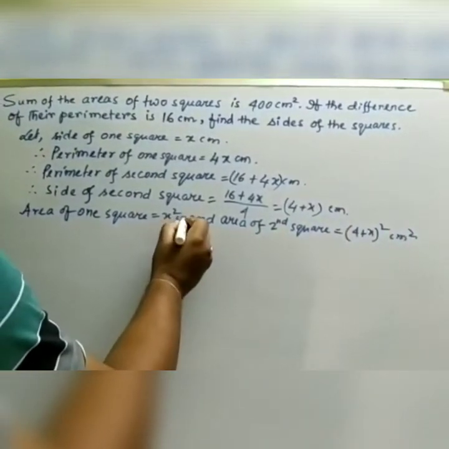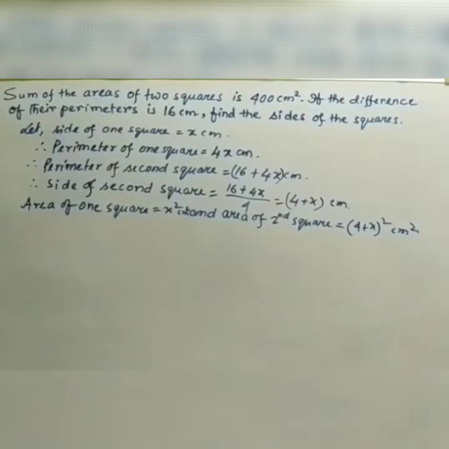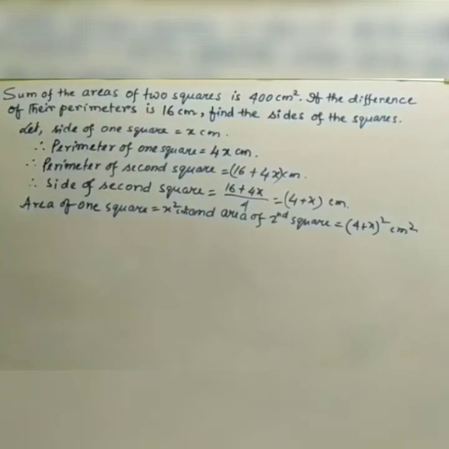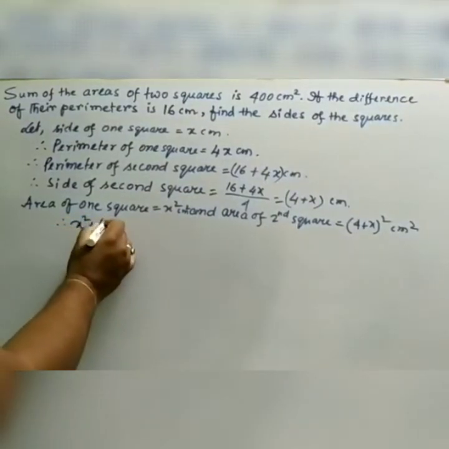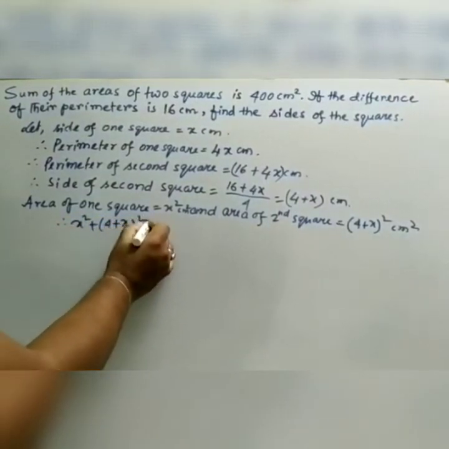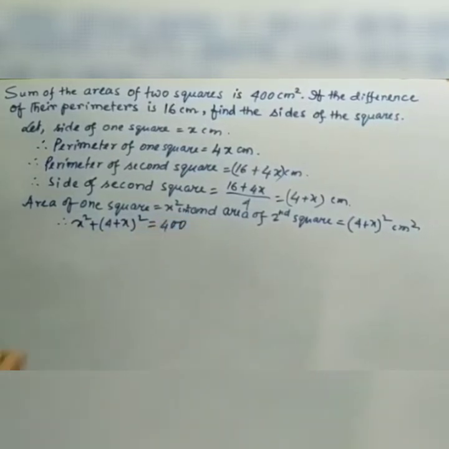This will also be centimeter square. Okay, so we have the two areas. Now their sum is 400. So therefore x square plus (4 plus x) whole square equals 400.